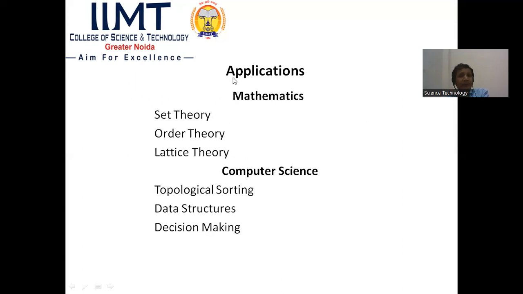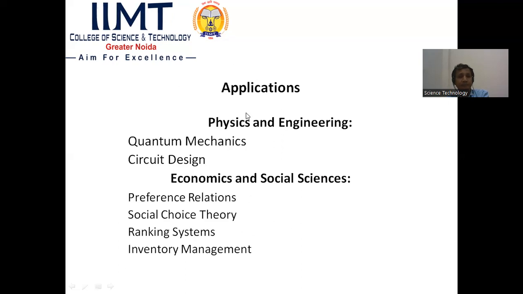The applications of these orderings and posets are in various branches. Now we have included a few here. In mathematics, this has applications in set theory, order theory, and lattice theory. Moreover, in computer science, in topological sorting, data structure, and decision making.